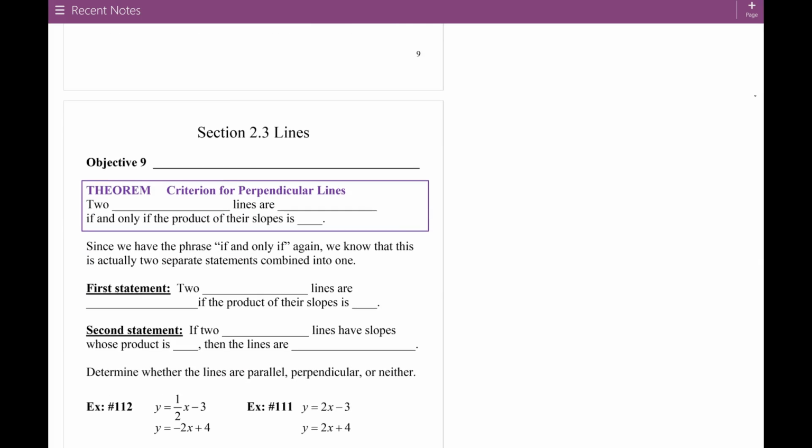And then objective 9 is perpendicular lines. And again, two non-vertical lines are perpendicular if and only if the product of their slopes is -1. And again, we have the if and only if statement. So this is actually two separate statements combined into one.